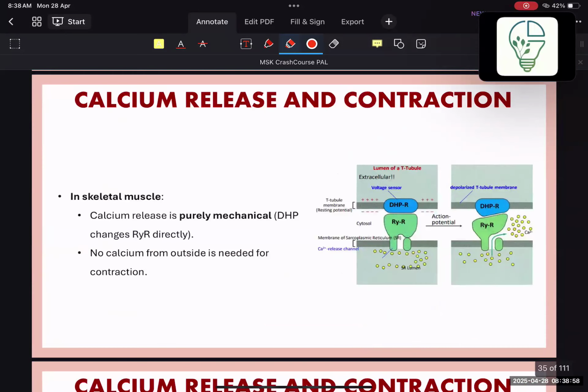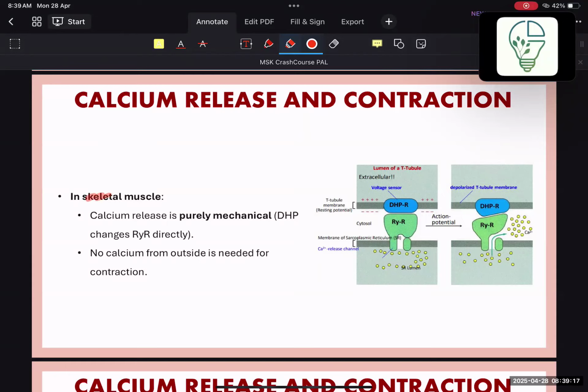Now, let's go back to the DHP receptor. And the reason I'm bringing this up is because, as I mentioned earlier, you did take DHP receptors from a previous lecture in either foundation or CVP when we were discussing the cardiac muscle contraction. And the way that DHP works in skeletal muscle and in cardiac muscles is different.